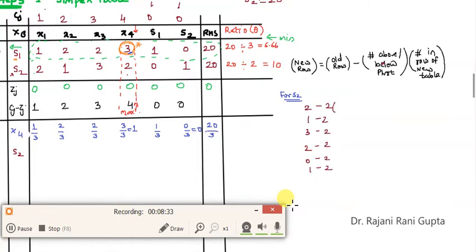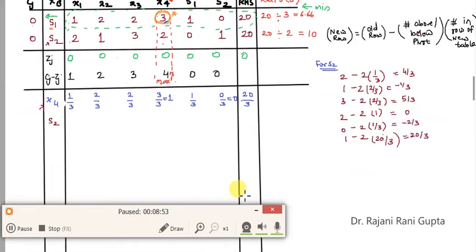multiplied by the number in the new row, the row corresponding to x4, which is 1 over 3, 2 over 3, 2 over 3, 1, 1 over 3, and 20 divided by 3. When you solve, you will get this number.